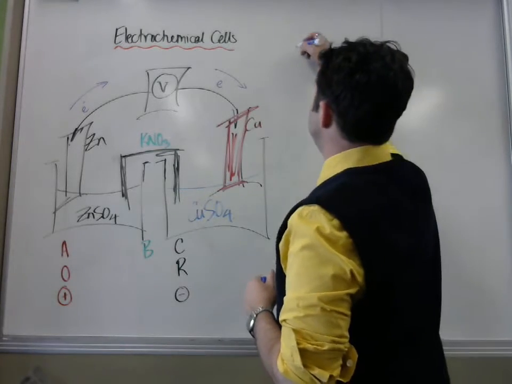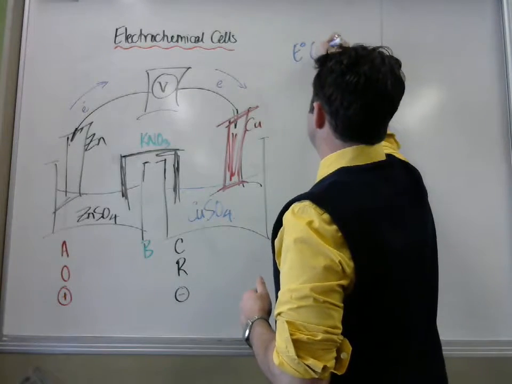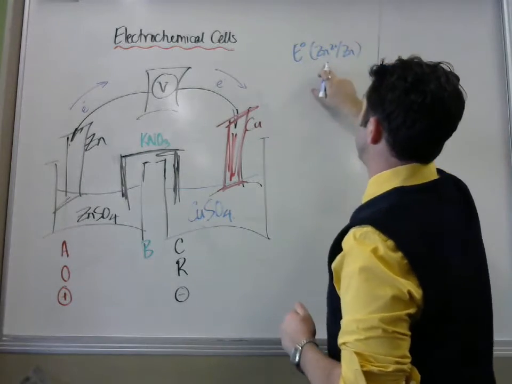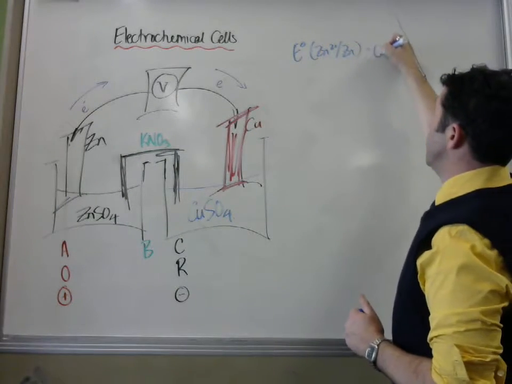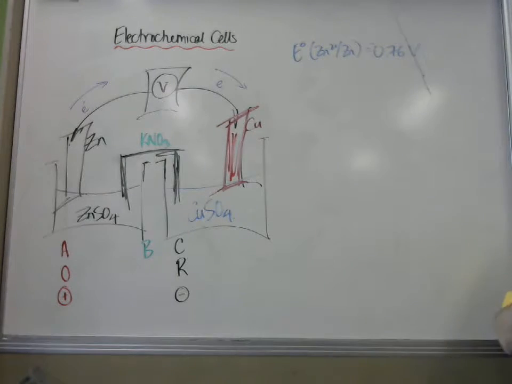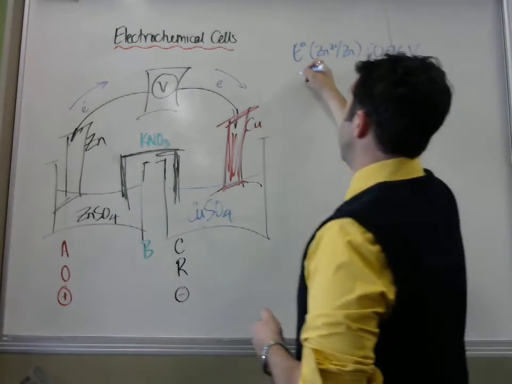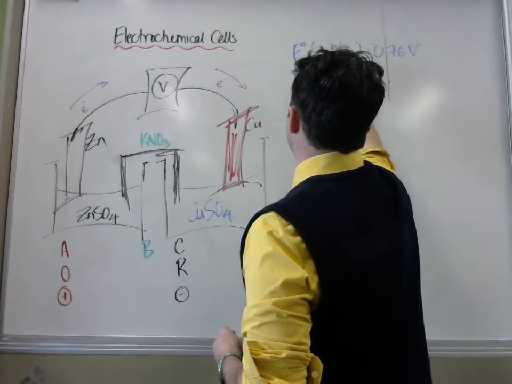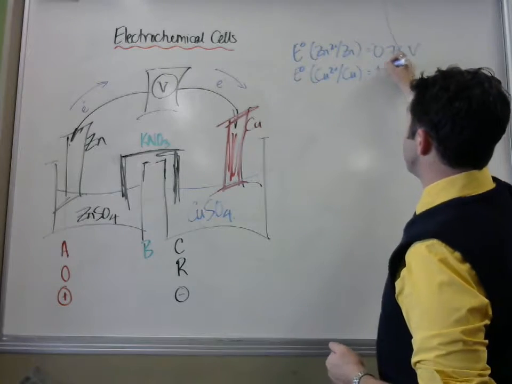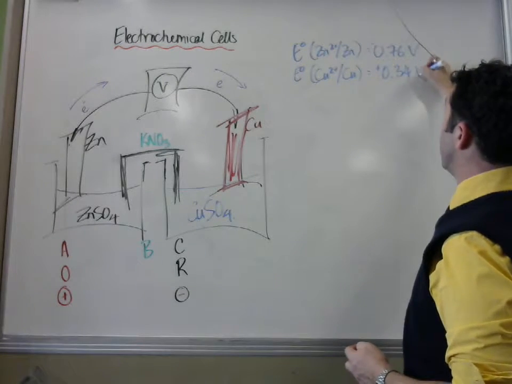So the electrode potential for zinc being reduced from ions to zinc is negative 0.76 volts, which is lower than the value that we get for the copper one, which is our other side, which is positive 0.34 volts.